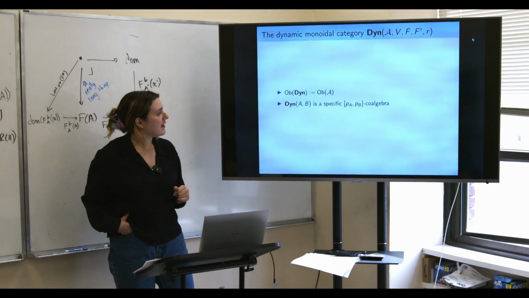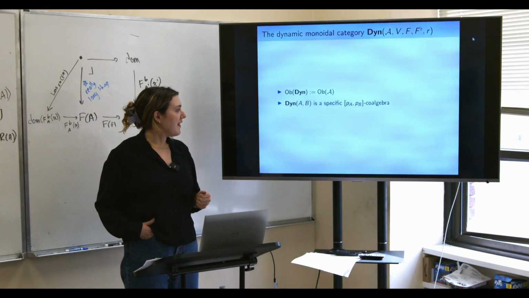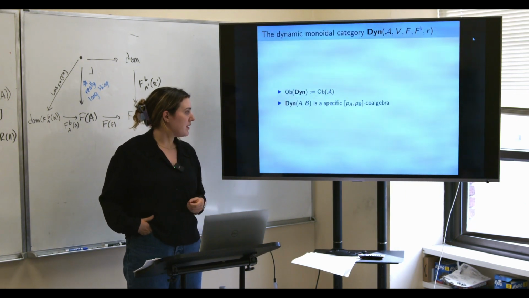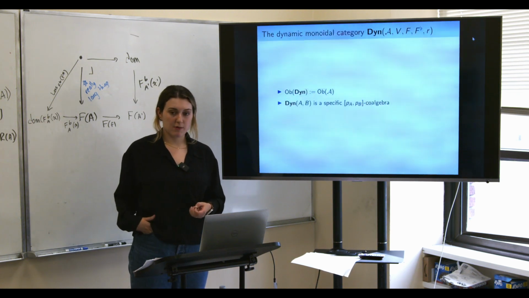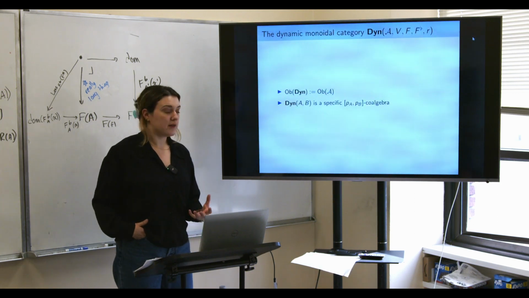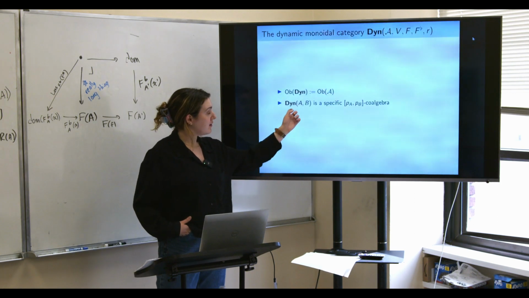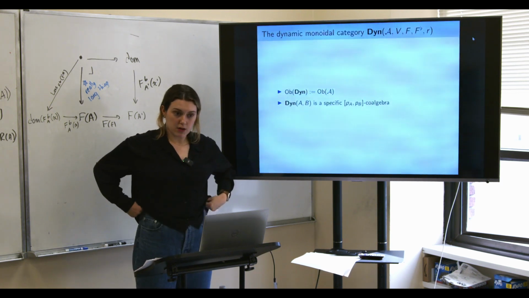We're going to say that the objects of our dynamic monoidal category are the objects of A, and then the morphisms between A and B are going to be a specific PA-PB coalgebra. Because remember, we want to enrich over org, so we want our arrows in dyne between A and B to be a specific object from org.